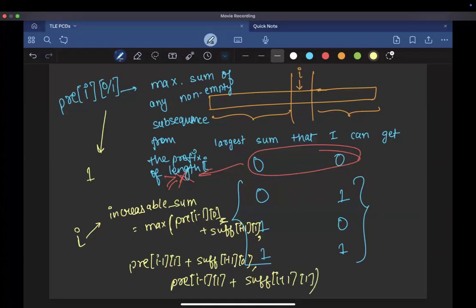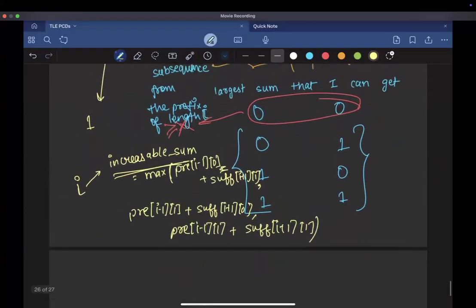I got the value of increasable sum to be something like this.